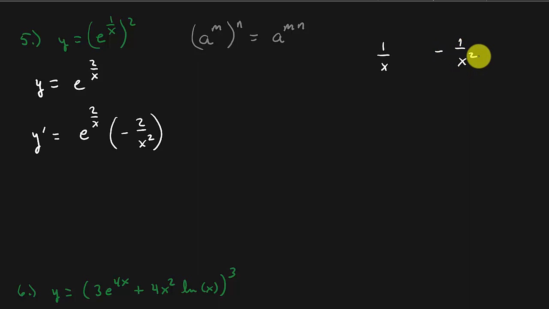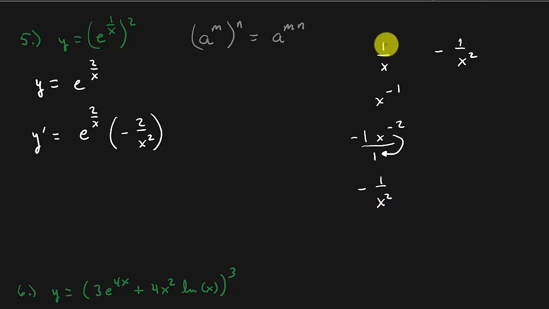Remember how to get that. So the 1 over x, I can write that as x to the negative 1. And then if I use the power rule, that's negative 1 times x to the negative 2. Move this to the denominator. So that's negative 1 over x squared, because when you move it across the fraction bar, it changes the sign of the exponent. So the derivative of 1 over x is negative 1 over x squared.